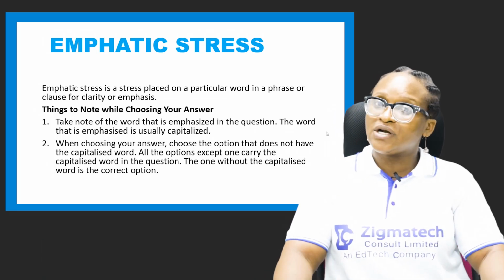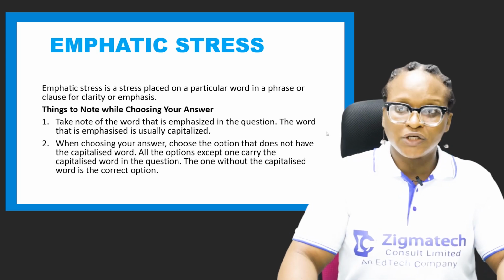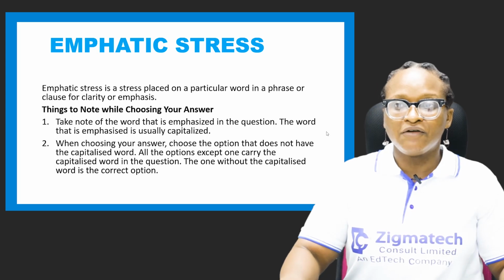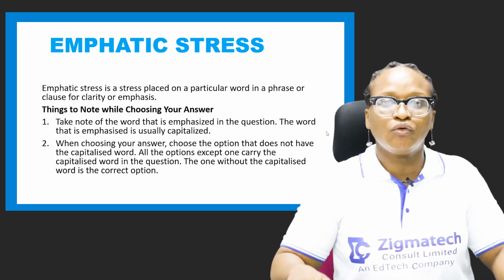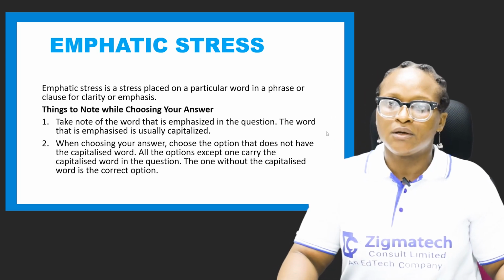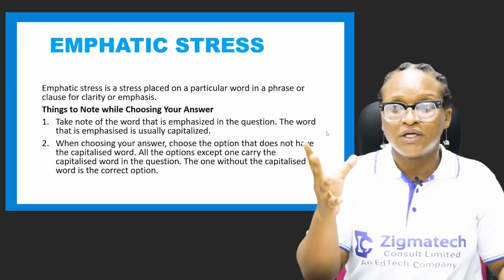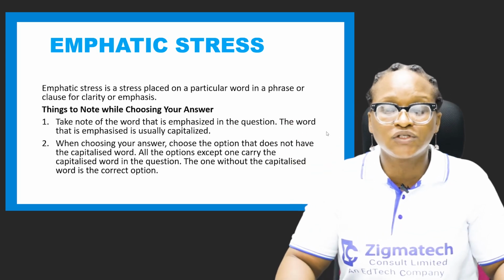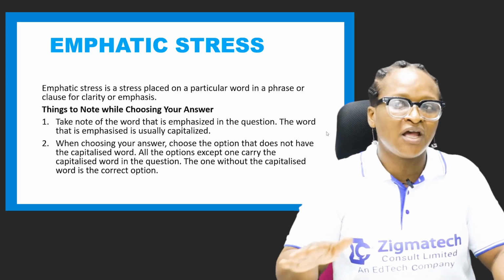Now, emphatic stress is another aspect in WAEC that students tend to fear, but for me and for some other teachers, emphatic stress is the easiest when it comes to oral English questions. It's just a giveaway question. As a matter of fact, I tell my students that they should think of having 5 over 5 under emphatic stress.